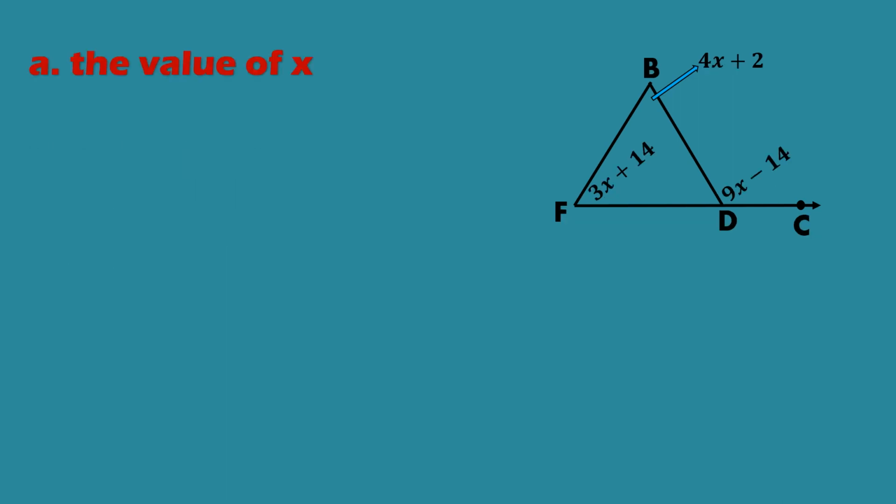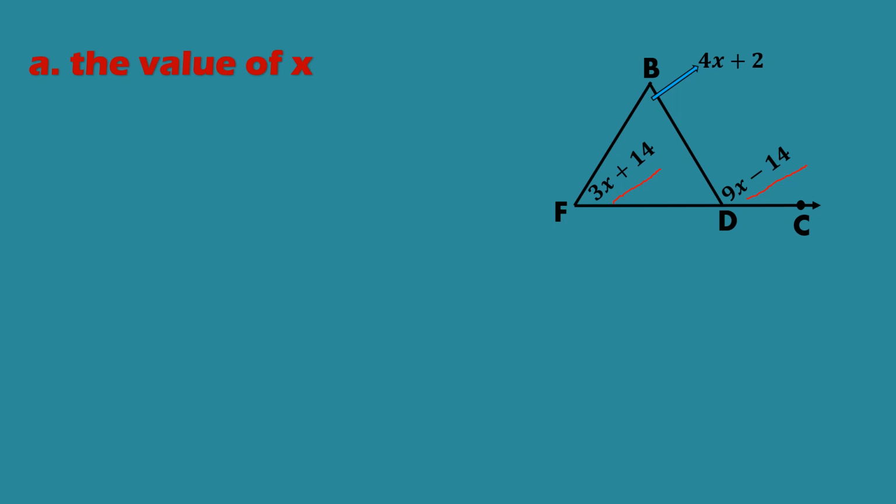We are given the measure of angle B as 4x plus 2, the measure of angle F as 3x plus 14, and the measure of angle BDC, which is the exterior angle, as 9x minus 14. All we need to do first is to formulate a formula in order for us to correctly solve for the value of x.